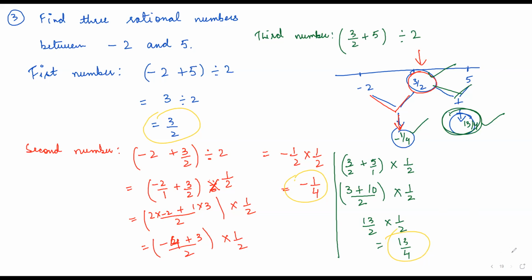Now please understand one thing. What I did: I had -2 and then I had 5, right? I added both of them and got a number somewhere in between -2 and 5. Then I added this number and this number, and I got another number here. In the next step, it's not necessary that I add these two.